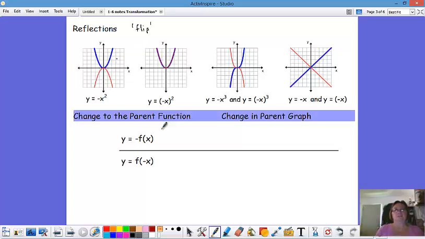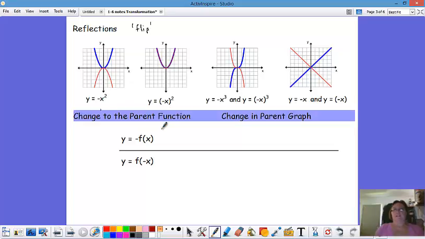And so what I've done is shown the parent function here along with a reflection of it. The red is the reflection image. When we change the equation to y equals the opposite of x squared, you'll notice that we get that reflection right over, which axis is that? The x-axis.